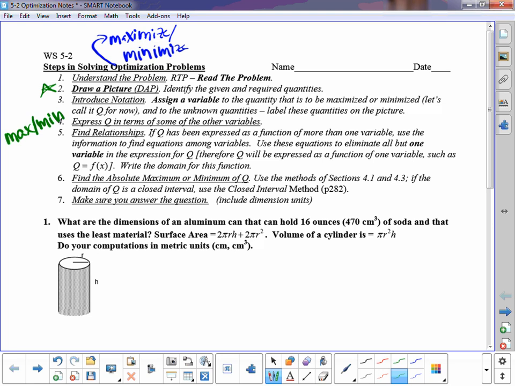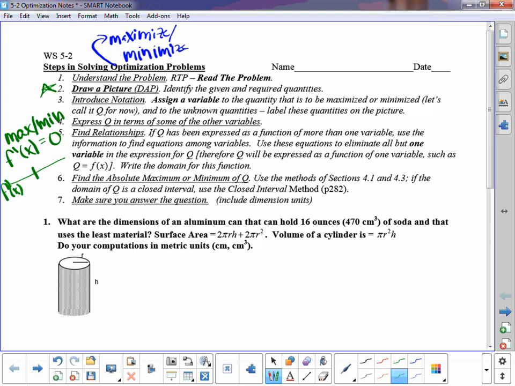And how do I find my critical values? So we want to take that first derivative and set it equal to 0 or undefined. And then what do we do once we've solved for those values? Test it on the number with our first derivative. So that allows us to identify whether it's a max or minimum.